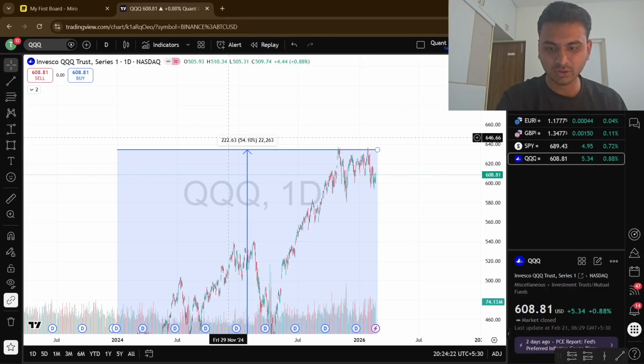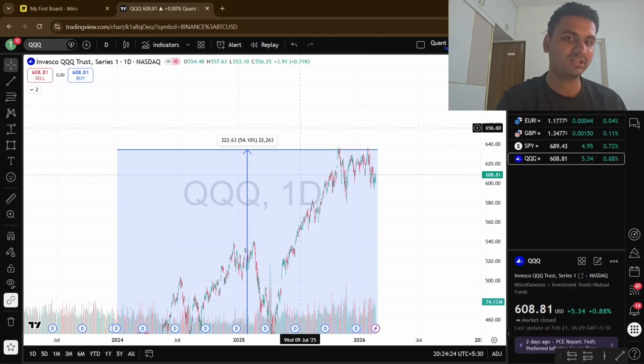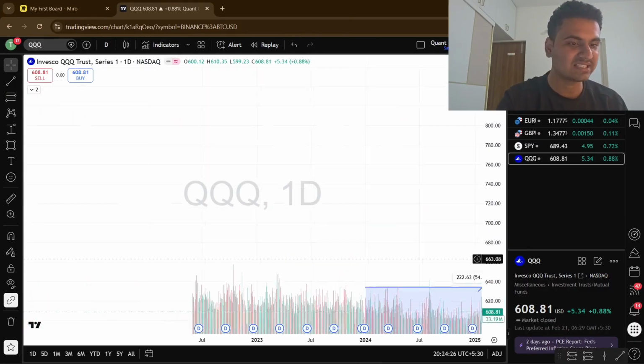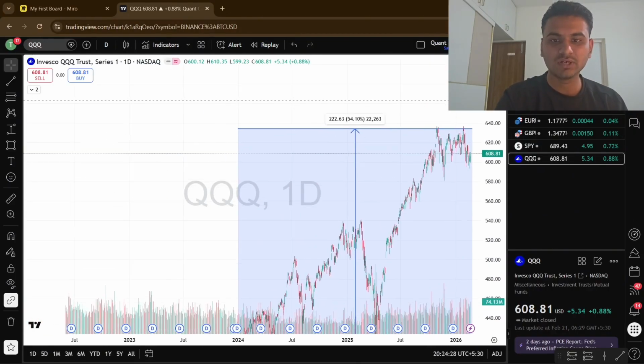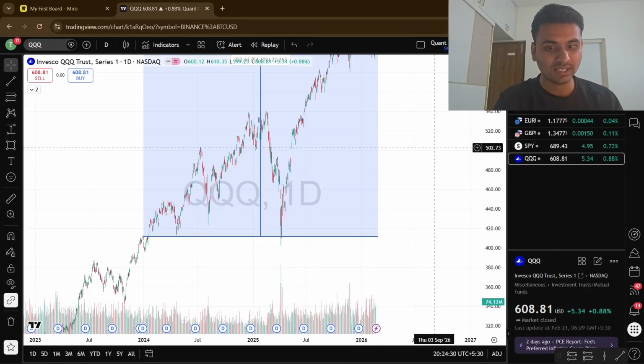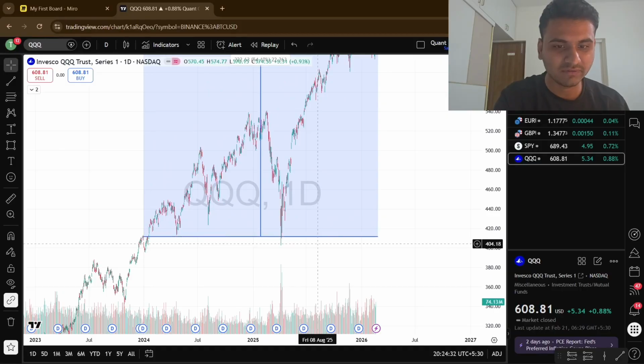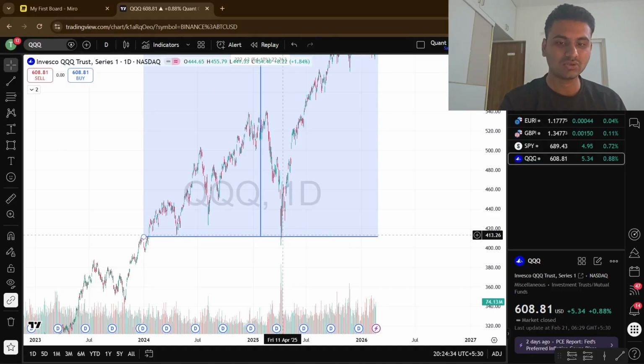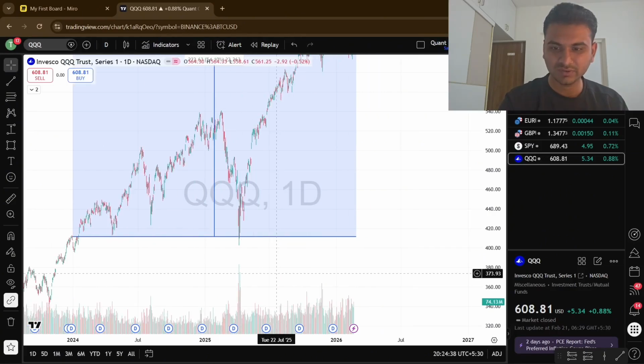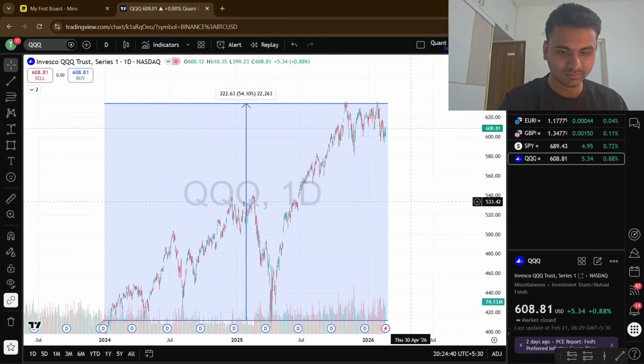If you had bought QQQ, the Nasdaq ETF, at the start of 2024 and held till now, you would have made about 54%. But as you can see, if you had held it even after 1 year and 3 months, you would have had negative returns because of the huge drawdown that it had.